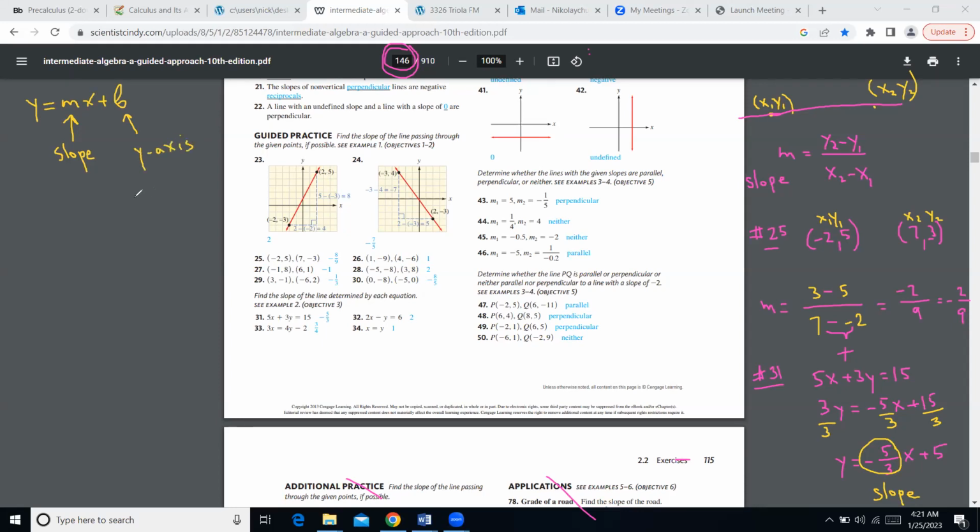And this way you can not just find the slope, but also graph these lines.